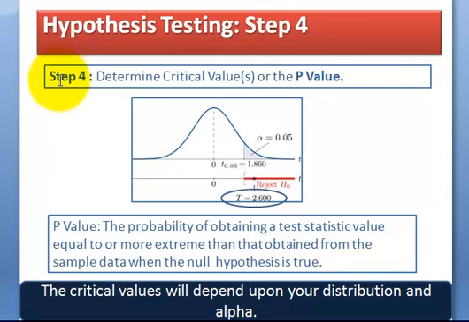Step 4, you have two choices. You could do it with critical values, or you could determine what's called the p-value. The p-value is just the probability of obtaining those test statistics or those test results equal to or more extreme than that observed from the sample data, assuming the null hypothesis is true.